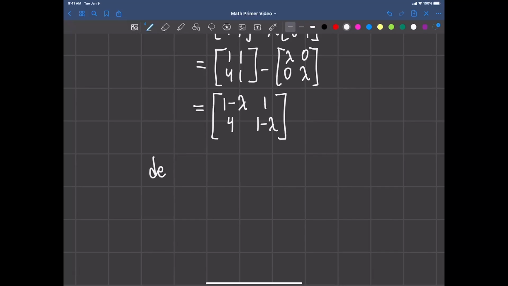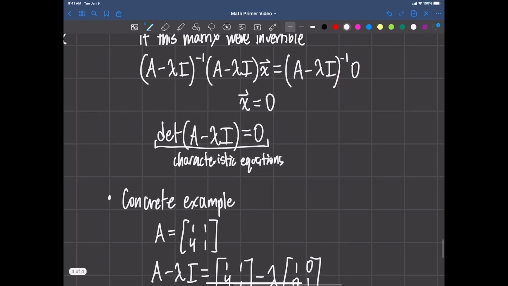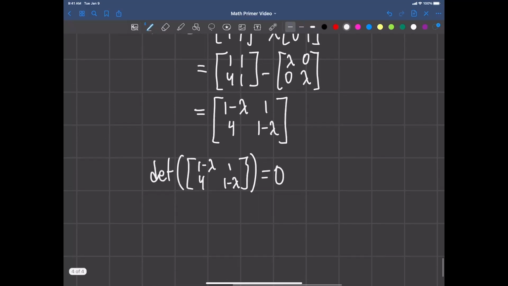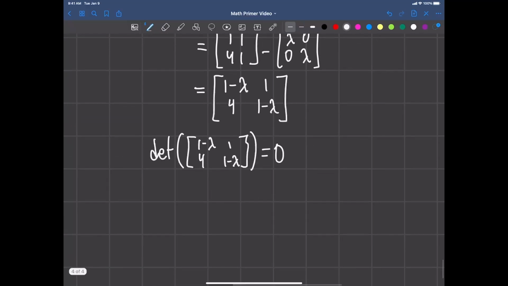We know that the determinant of this matrix has to be 0. That's what we found before. That's the characteristic equation. And how do we find the determinant? Again, we do this multiplied together minus this multiplied together.